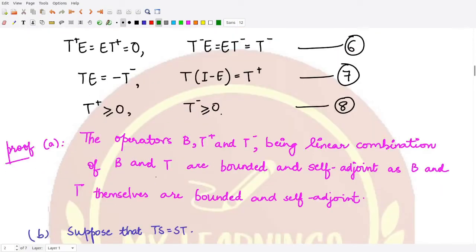Why? Because both B and T are bounded as well as self-adjoint, so their linear combination is also bounded and self-adjoint. Therefore the operators B, T positive and T negative are self-adjoint and bounded.